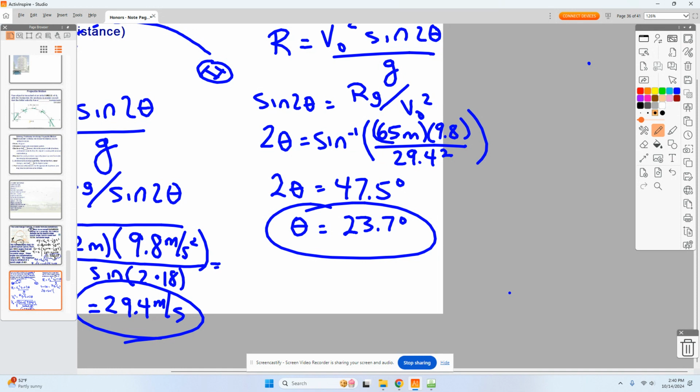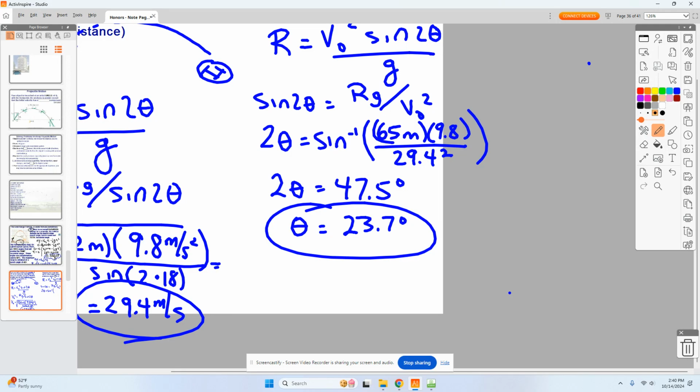And then you say, maybe it's not a soccer ball, but it's a punt for football. And that punt is a really shallow punt, 23.7 degrees. You say, I want to get it to the same spot, but I'd like to give some time for the punt team to go down and cover that ball. There's another angle that will get you to that same spot.